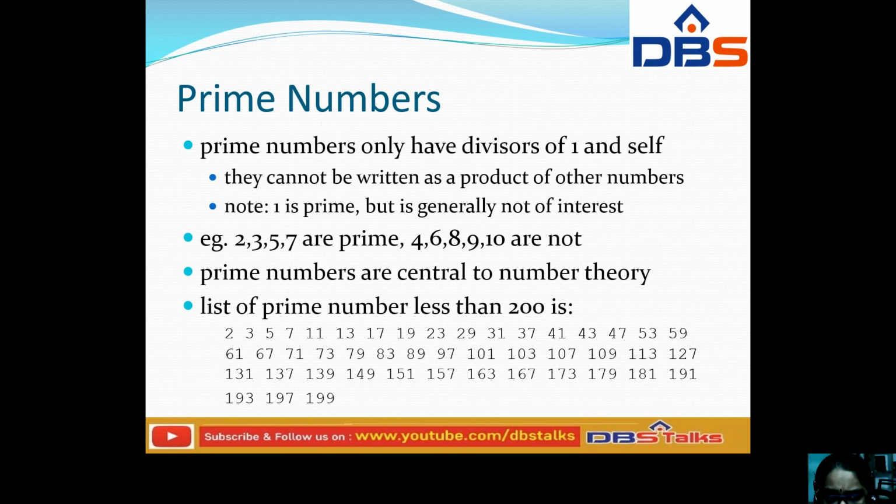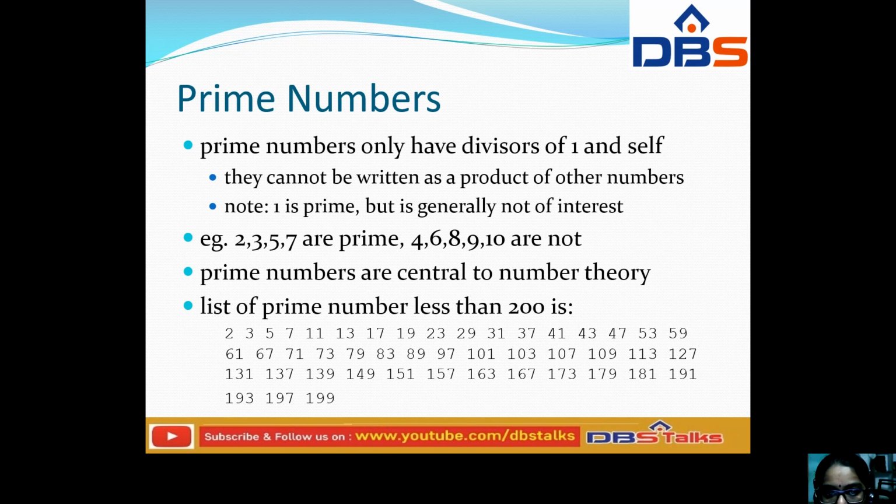Why? Because 2, 3, 5, 7 are divisible only by themselves, but the numbers 4, 6, 8, 9, 10 are not. 4 is divisible by 2 itself, 6 is divisible by 2, 3 and 6, 8 is divisible by 2, 4, 8, 9 is divisible by 3, 9, and 10 is divisible by 2, 5.